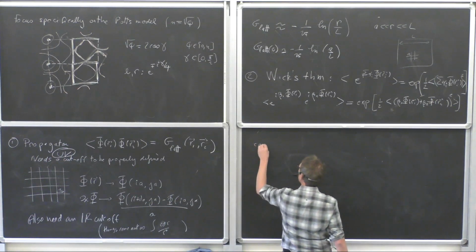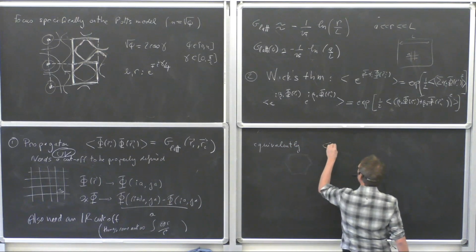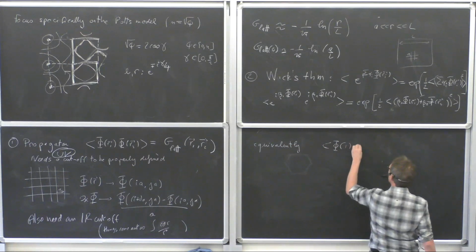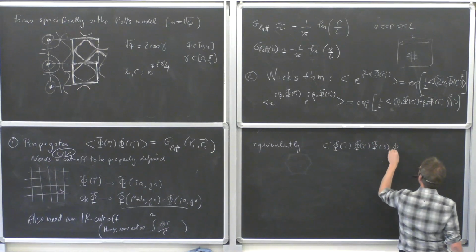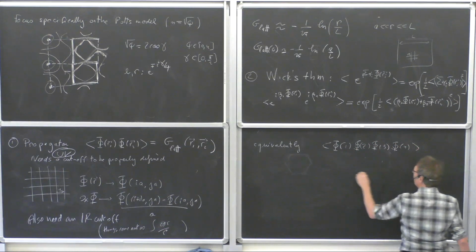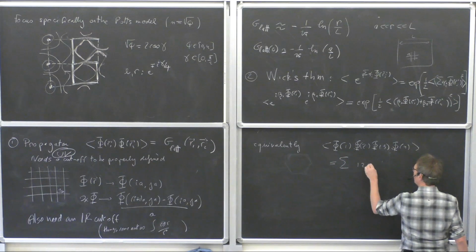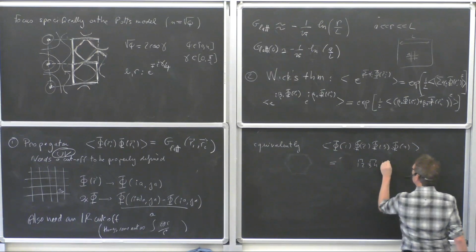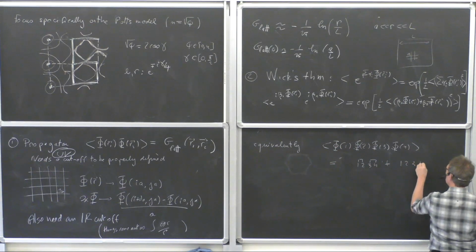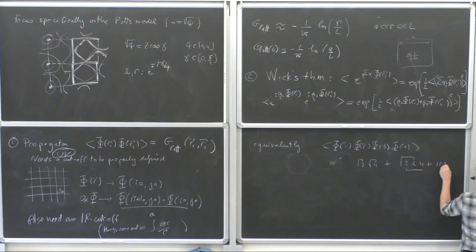So equivalently, phi of, so now let me use 1, 2, 3, 4 instead of R1, R2, R3, R4. You would have that this is the sum over pairwise contractions, right? So 1, 2, 3, 4, we would have this, plus we would have this, plus we would have something like this, okay?